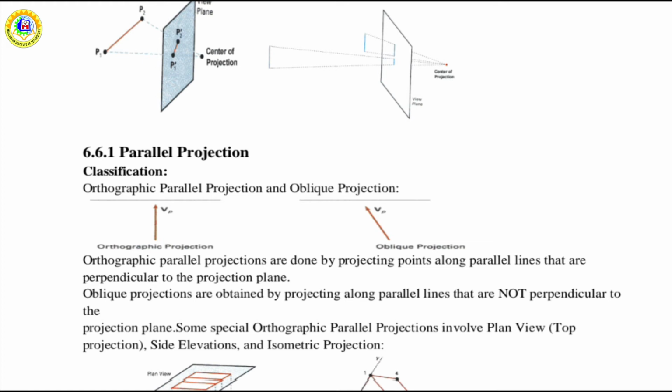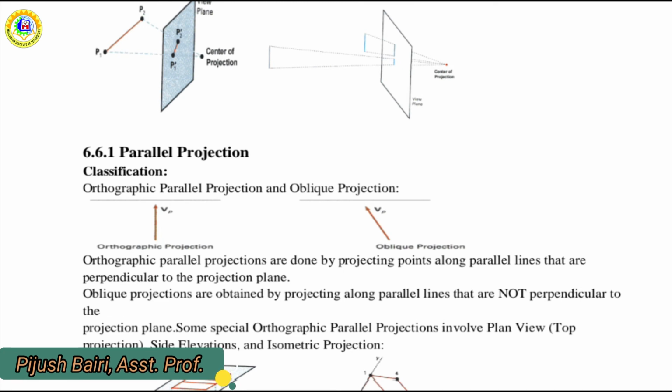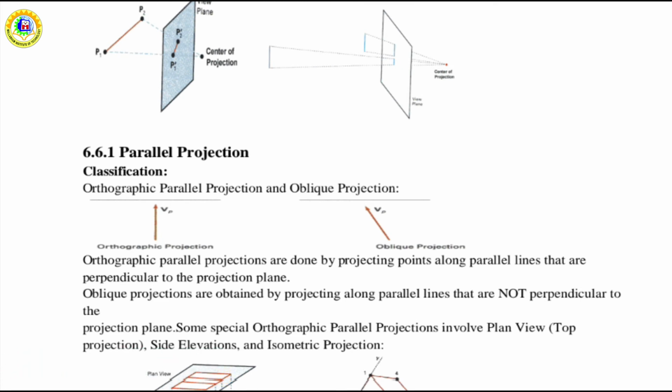Otherwise, we have an oblique parallel projection. That is, if the projector is perpendicular to the viewing plane, then it is known as orthographic projection, and if the projection vector is not perpendicular to the projection plane, then it is known as oblique projection.